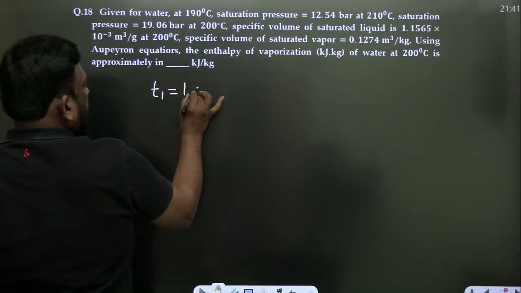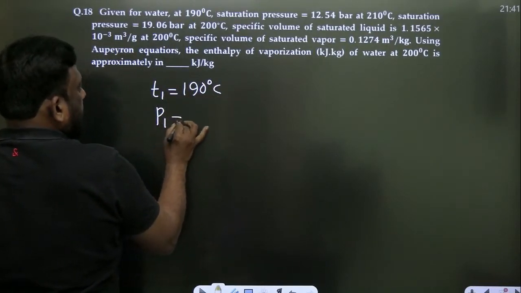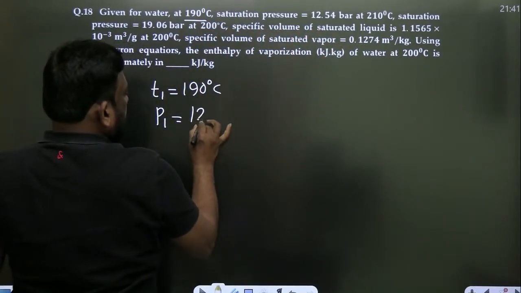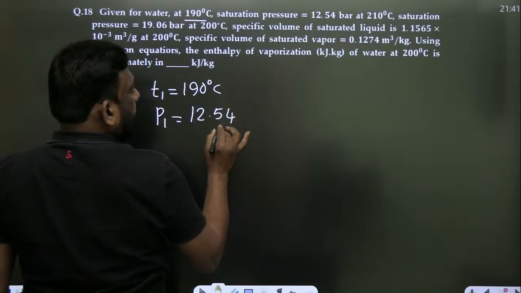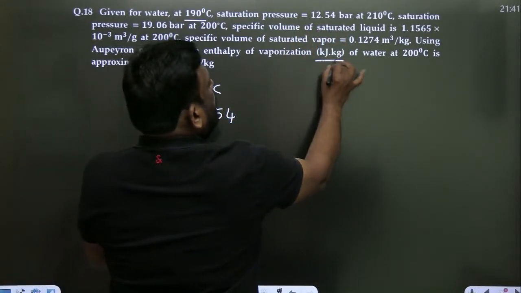T1 is equal to 190. And what is the saturation pressure corresponding to 190? The saturation pressure is 12.54, but it is given in bar. But the answer is asked in kilojoule per kg.